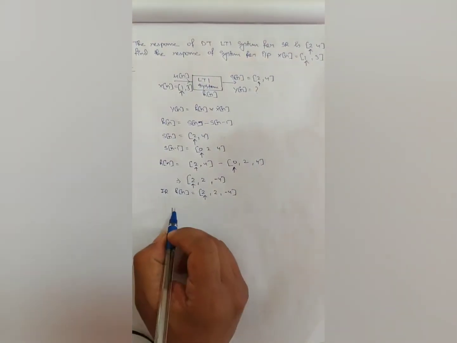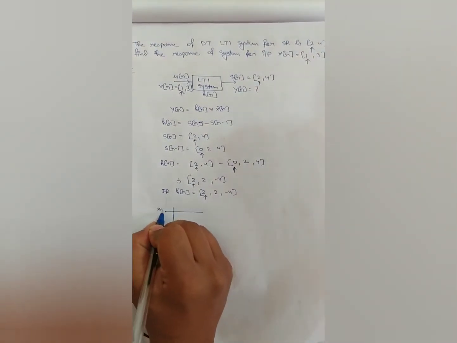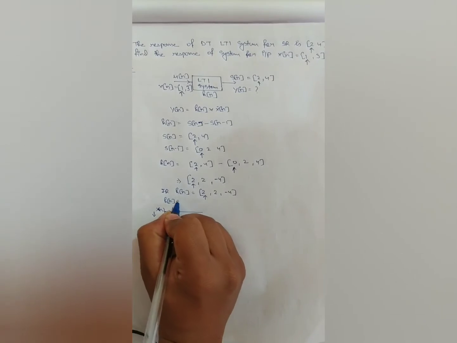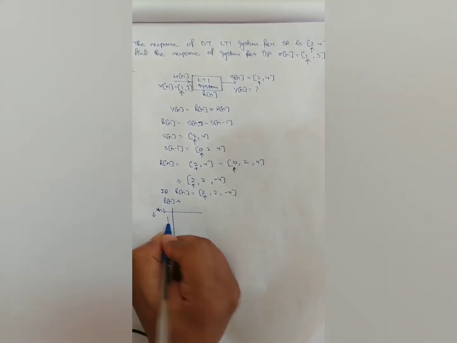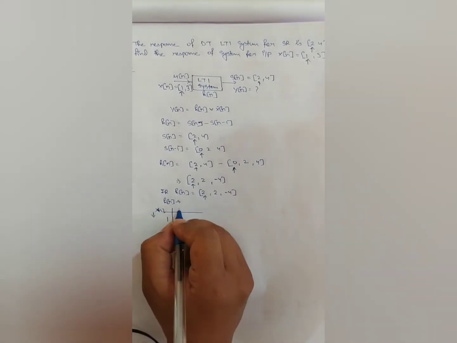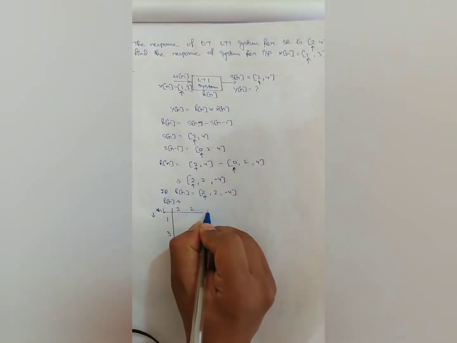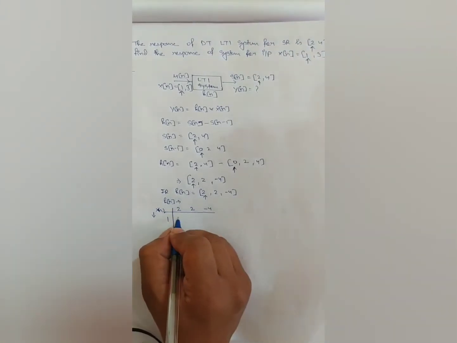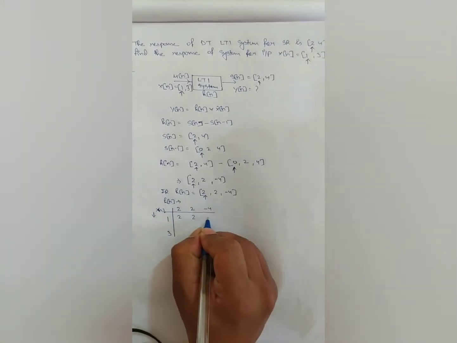Now we have the input and we have the impulse response. From the tabular method, which is the easiest method, we find the convolution between the impulse response and the input. Our input is 1, 3, and our impulse response is 2, 2, and minus 4. If you multiply them, 1 multiplied by 2 is 2, here also 2, and minus 4.